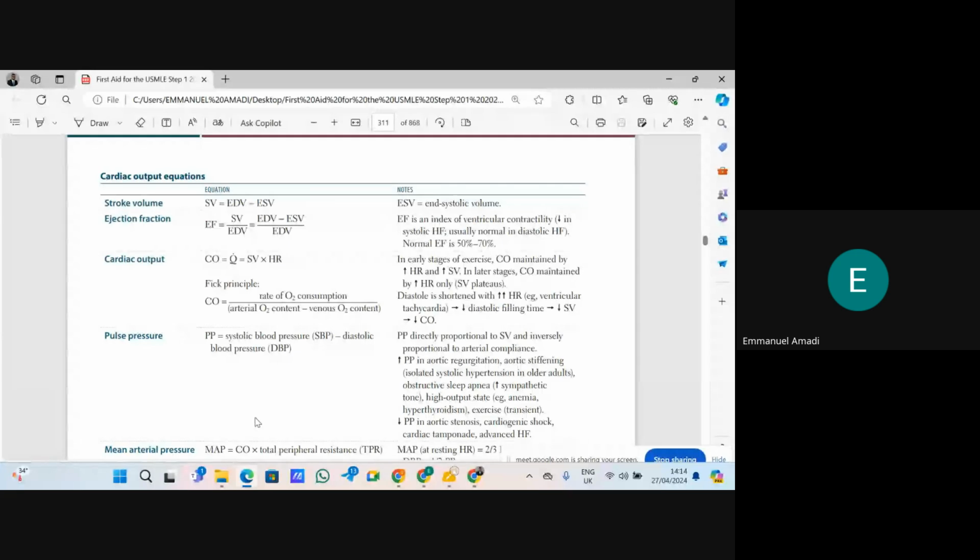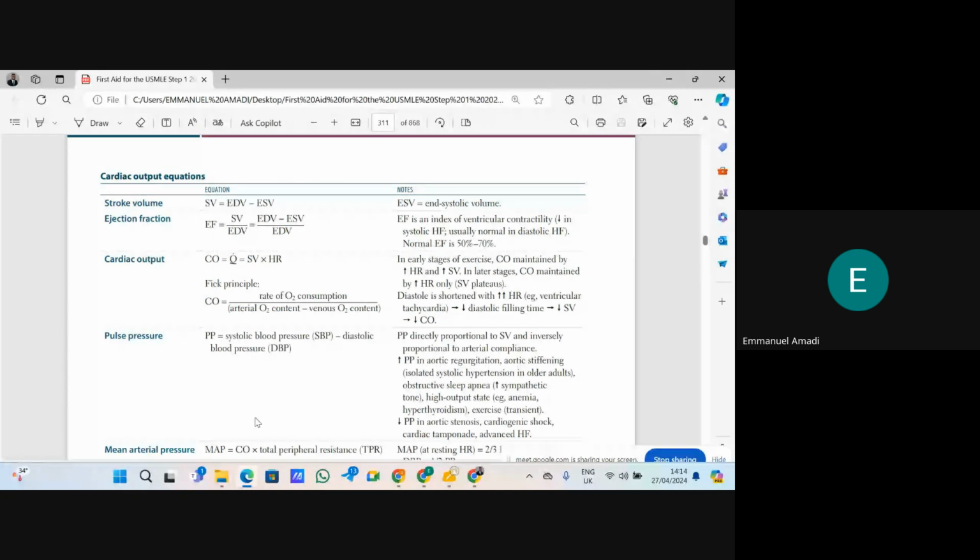Now, moving on, we look at the cardiac output. Cardiac output has to deal with the amount of blood that is coming out of the heart in a minute. So you look at the stroke volume. What is the stroke volume? Let's say stroke volume is 200 mils, multiplied by the heart rate.